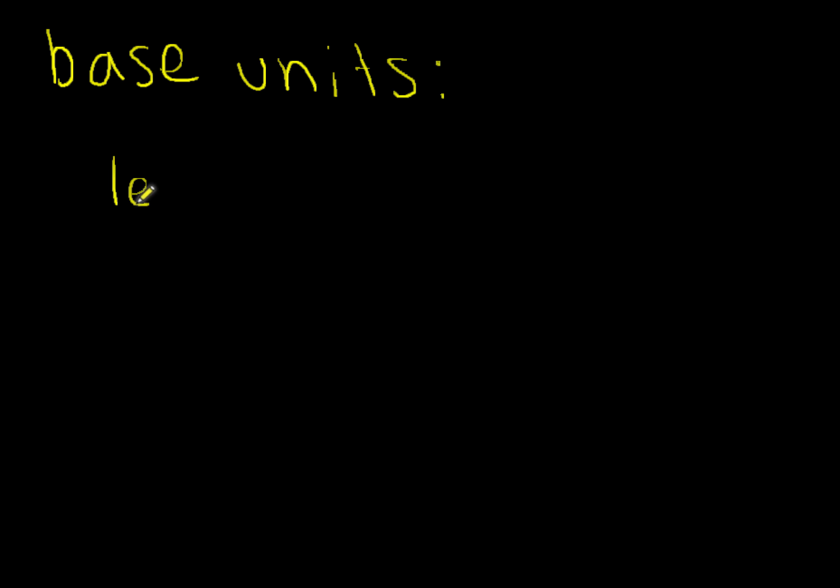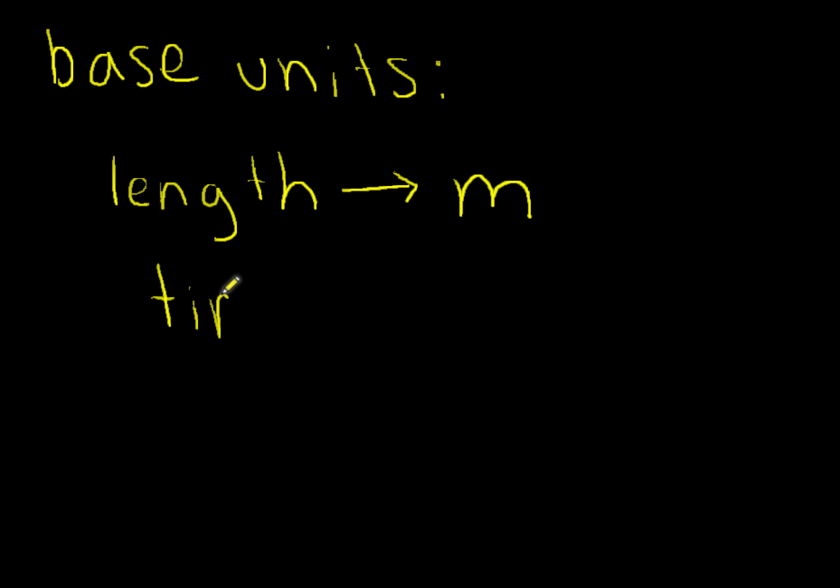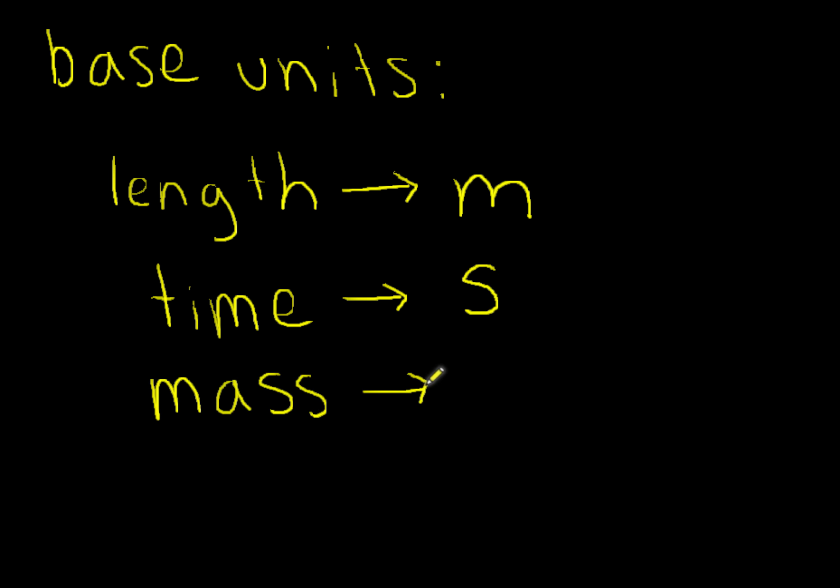In physics, we have base units, and in Physics 20, we will use 3 base units. These are the official units for length, which is the meter, time, which is the second, and mass, which is given by the kilogram.